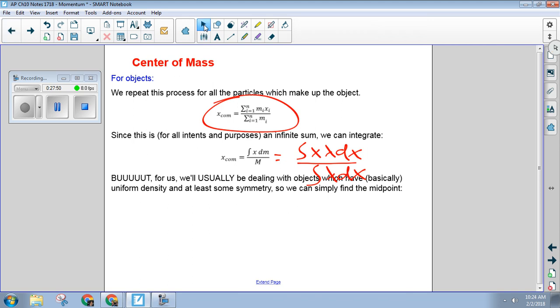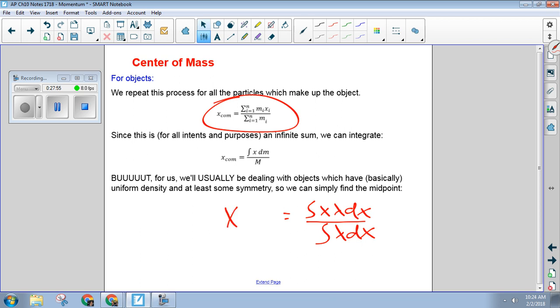Here, let me make my lambdas look more like lambdas. The ones with the blue dots are lambdas. All right, follow?